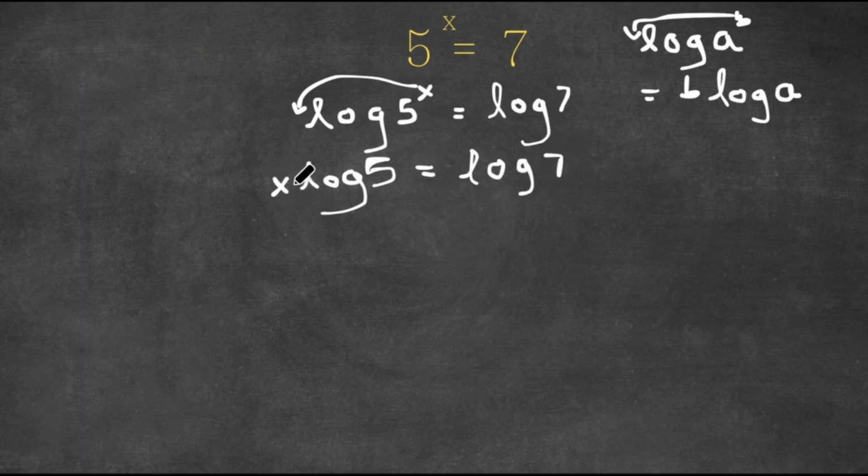Now we want to isolate x, so I'm going to divide both sides by log 5 to move it to our right hand side.